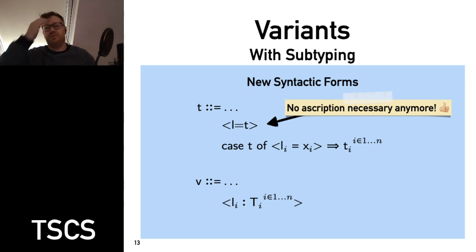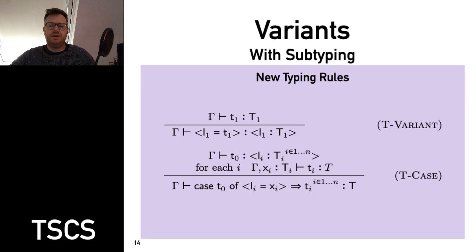We don't need this anymore because now we can use the most precise variant type and just construct supertypes as we go along that are less precise. The T variant and the T case rules are also not changed, unless that you don't have a description anymore, which simplifies this thing a little bit.